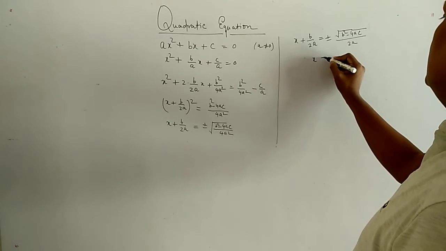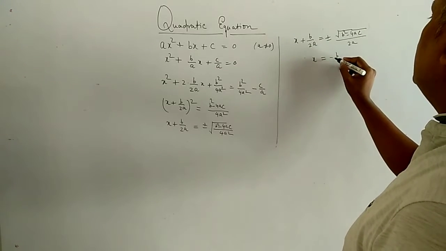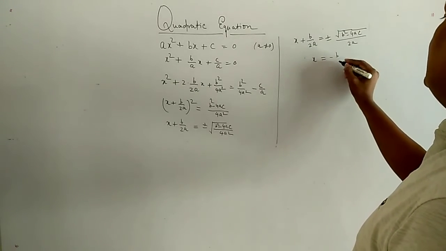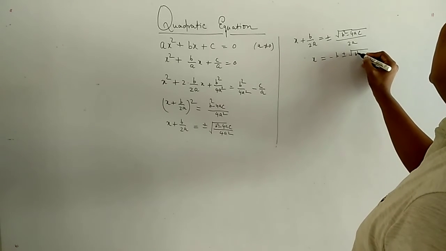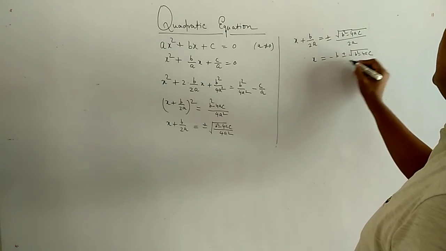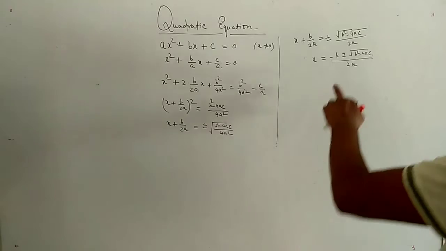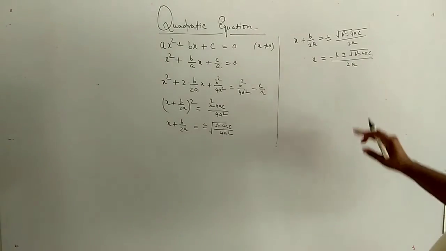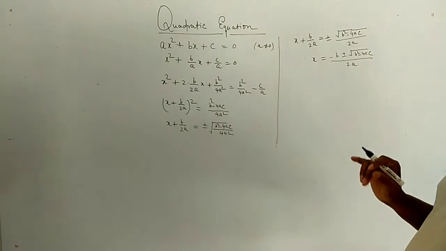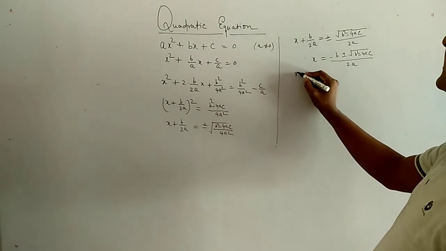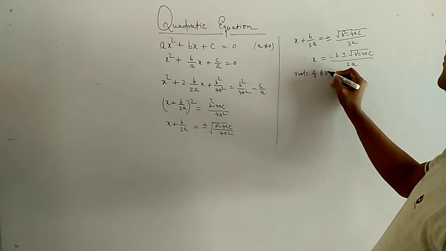So just transfer this b by 2a to this side, this becomes minus b by 2a, having the same denominator we get x is minus b plus minus under root b square minus 4ac upon 2a. Now using plus and minus, if you separate, then you get the two values of x, and these two values are called the roots of the quadratic equation.